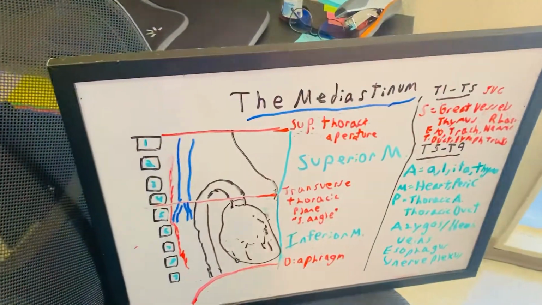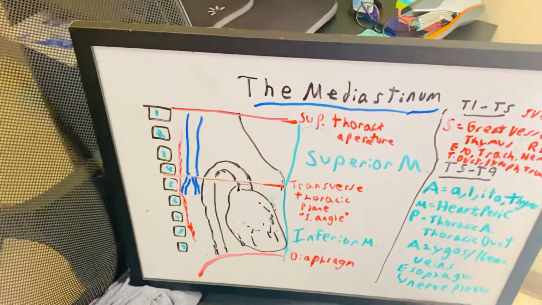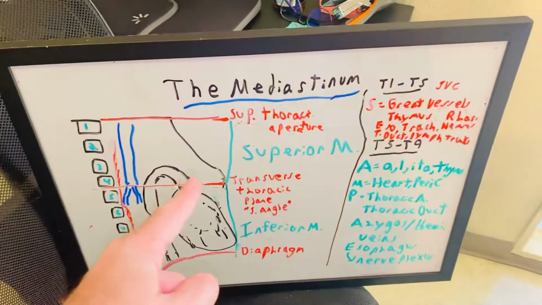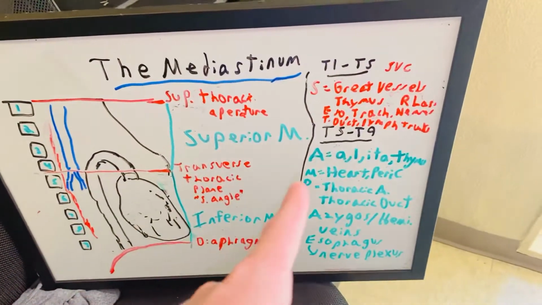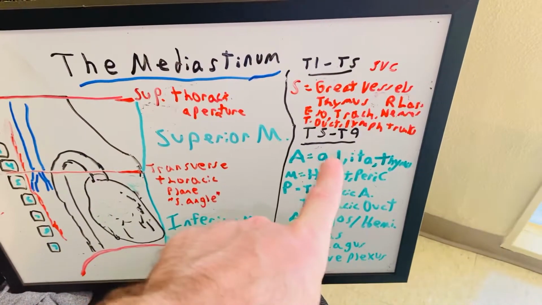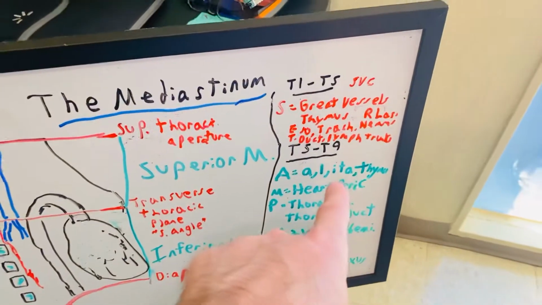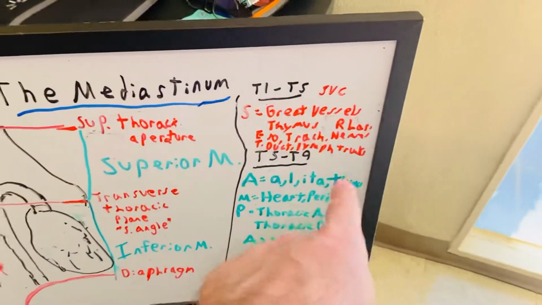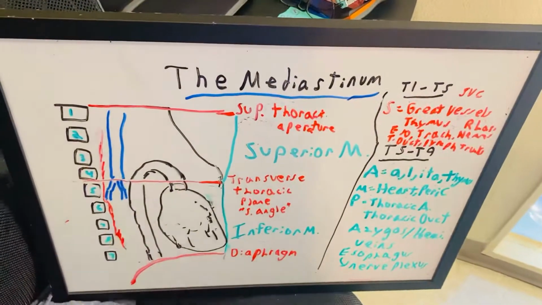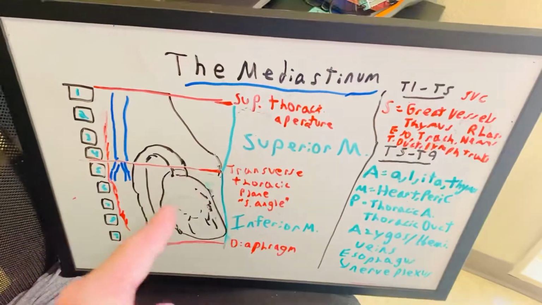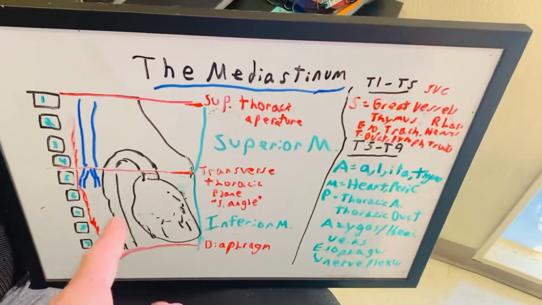Now, let's talk about the inferior mediastinum. We'll divide this into an anterior portion, which will have adipose tissue, lymph, the internal thoracic artery, and the thymus in children. The middle mediastinum is going to have our heart and pericardium.